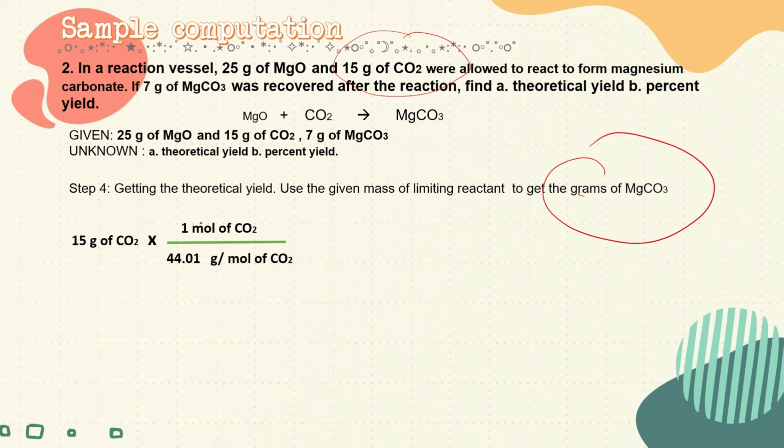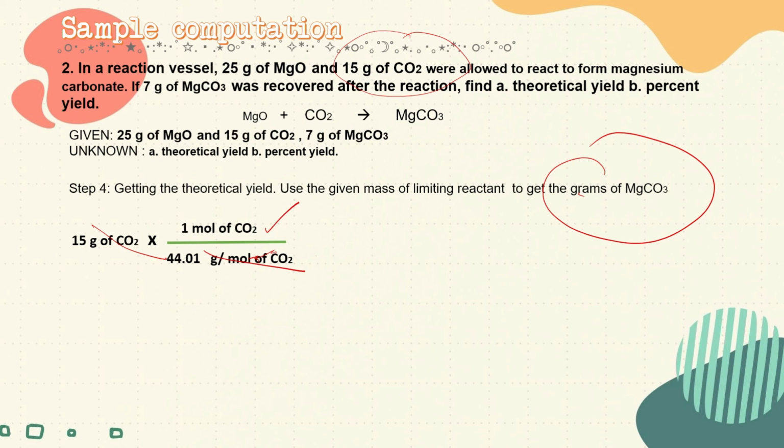In 1 mole of CO2, meron tayong 44.01 gram per mole. This is the molar mass. So cancel out natin yung gram. Nakuha na natin yung mole of carbon dioxide.